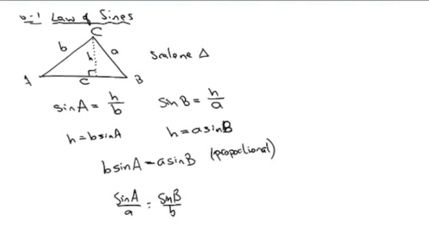We can do the same argument, rotate the triangle so we get C involved, and you'll get sine of A over a is equal to sine of C over little c. So they're all equal to each other. But generally when you use this law, you just use one side of it. So the sine of the opposite angle over its side is equal to the same setup on another angle.